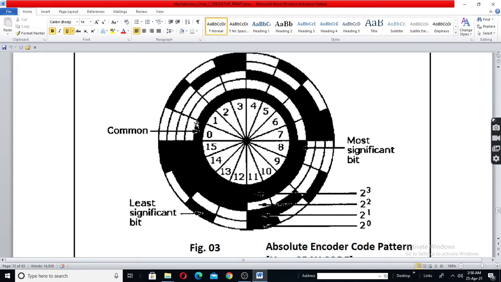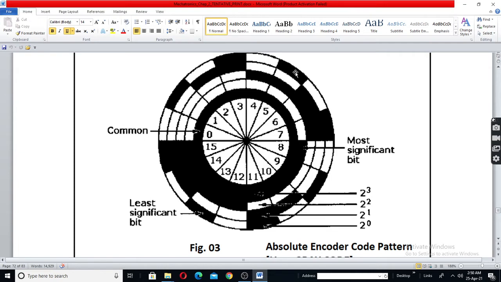Here to measure speed, you can take output of any one sensor. If you take output of this sensor, this sensor will give 8 pulses, 1, 2, 3, 4, 5, 6, 7, 8. 8 pulses per rotation, not second, rotation.